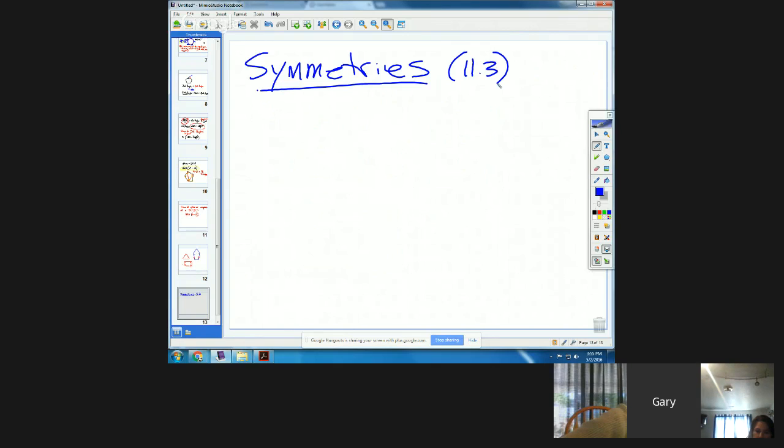It's a pretty common topic in math. So there's a couple of different kinds of symmetry. There's line symmetry. And there's rotational symmetry.